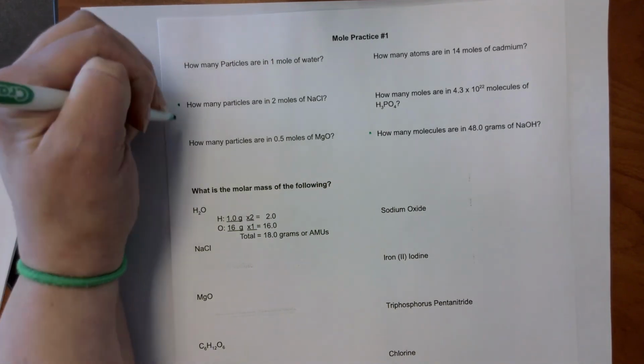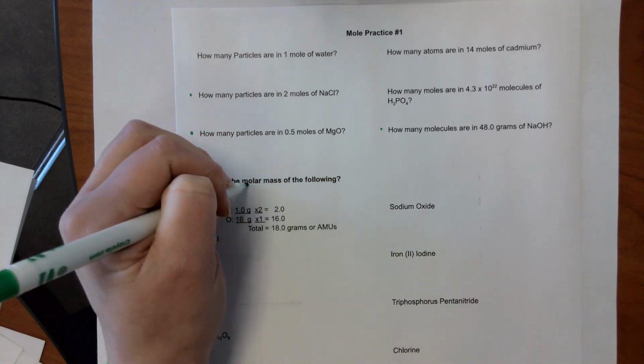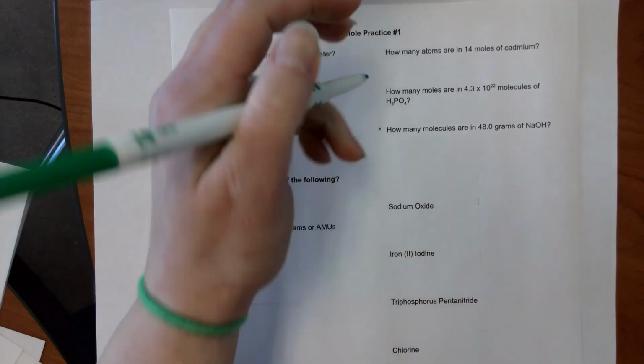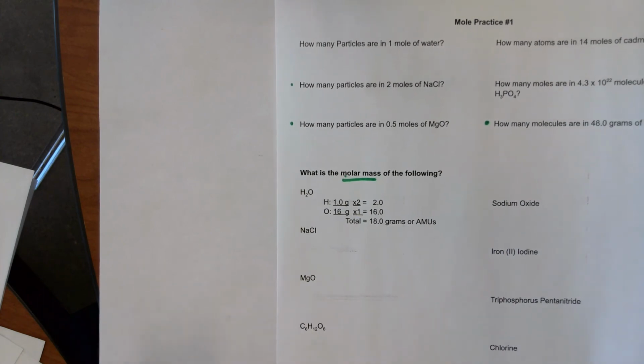So I can do a couple of these. I'll go over molar mass when we're talking about this one. And then I know people were asking about the last one. So I can go over all 4 of those, okay?